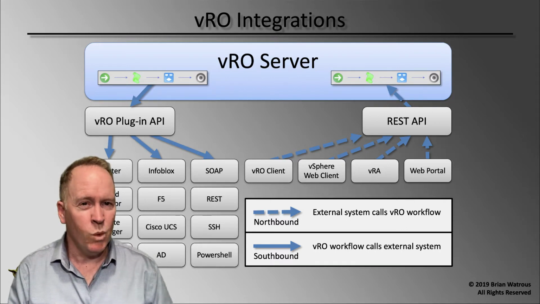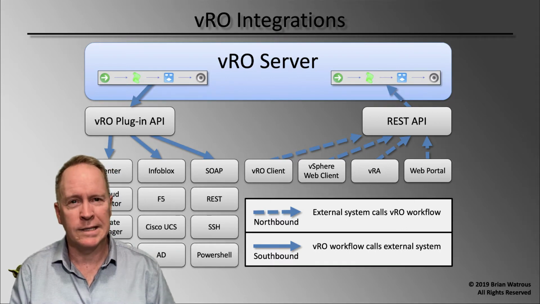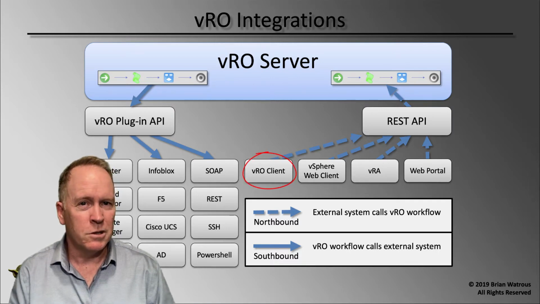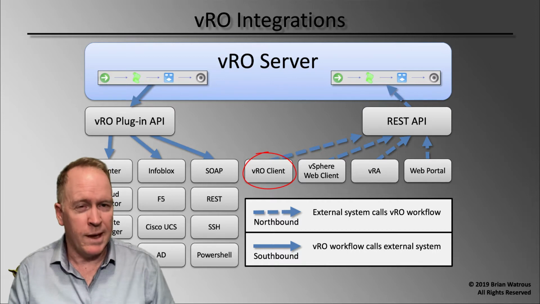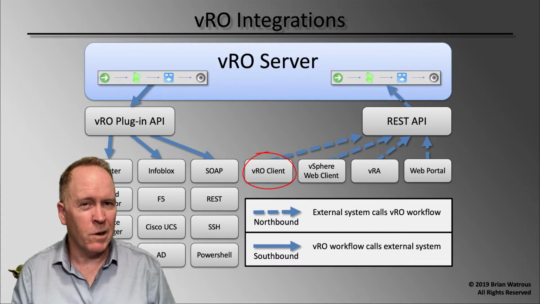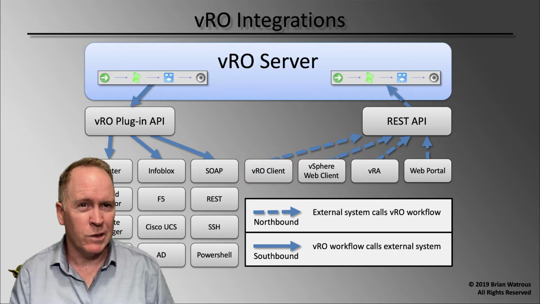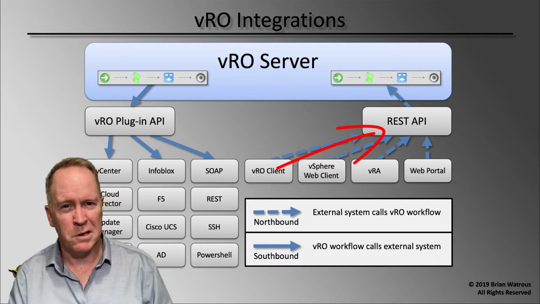But using workflow execution as an example, the vRO client that you use to develop your workflows, you know that can also run workflows. Well, the way the vRO client, which is an external tool, is able to do that is by going through the REST API that's exposed by the Orchestrator server.